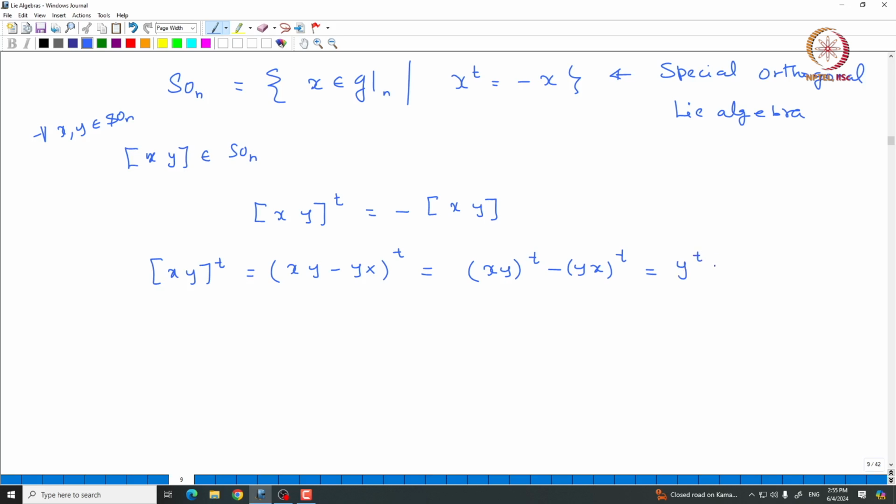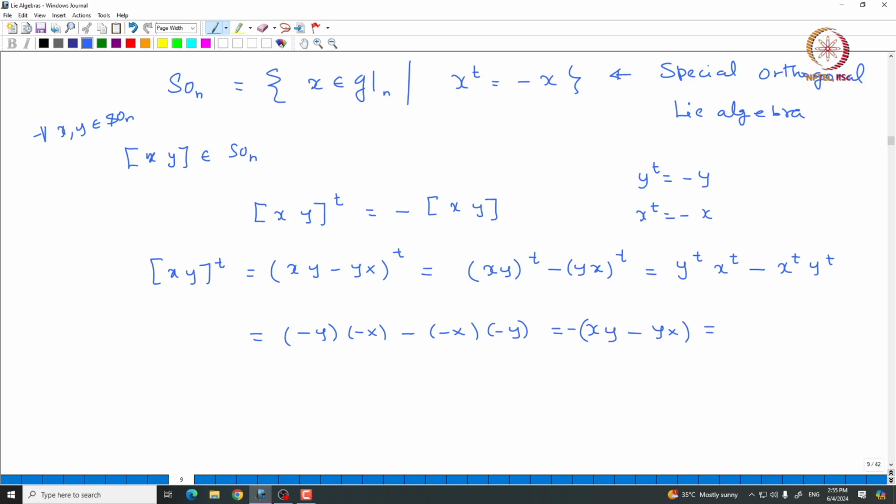So, that will give you Y transpose X transpose minus X transpose Y transpose. But Y transpose is minus Y, and X transpose is minus X. So, this gives us minus Y times minus X minus minus X times minus Y, which is exactly YX minus XY. So, this is minus the bracket [X,Y].